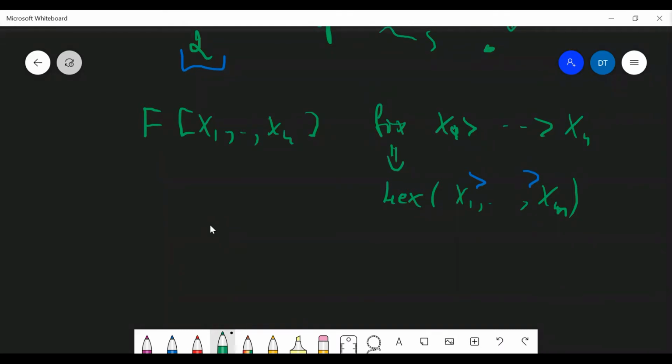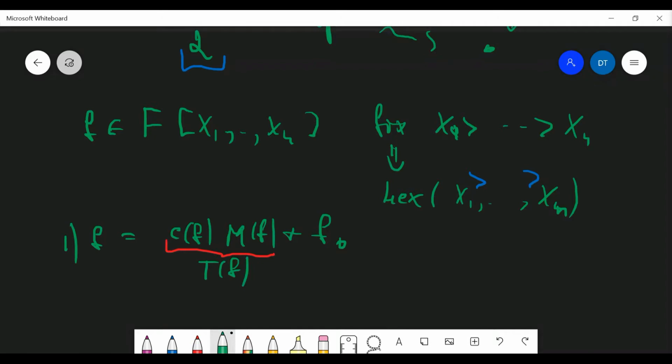Okay, now when I have all of these, for each polynomial f, first of all, I can define its leading term, which consists of the leading coefficient, the leading monomial, and the tail. And this expression is the leading term of the polynomial f.